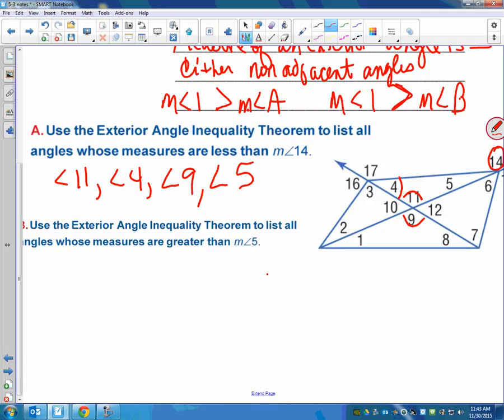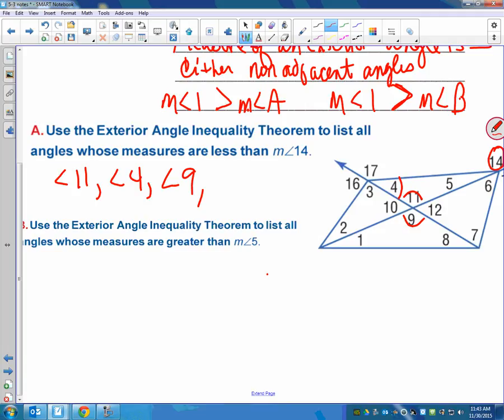And look, it's not parallel. Well, because 14 is like this, and 5 is like this, so we can pretty much strip the 5, because using the exterior angle, 5 is obviously smaller than 11, right?